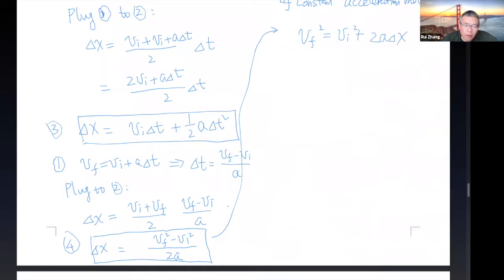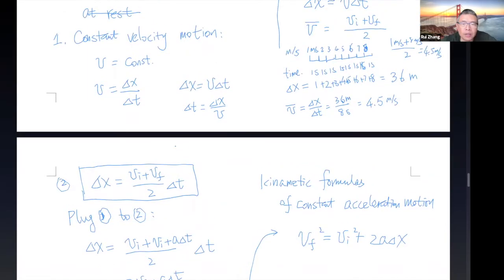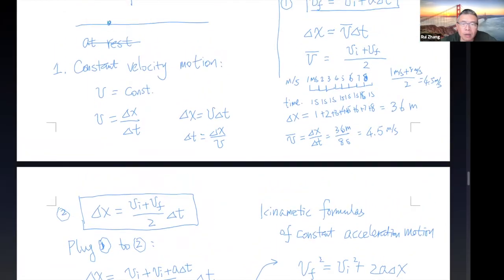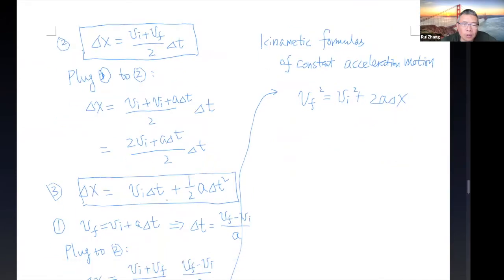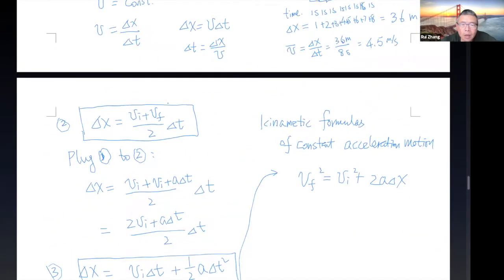If you multiply 2a on both sides of this equation and add vi squared, you get our version. So it's just a slightly different way of writing it. They didn't really provide this other formula here, but as I said, this formula is kind of important. You could derive the last two formulas using it. Okay, any questions?